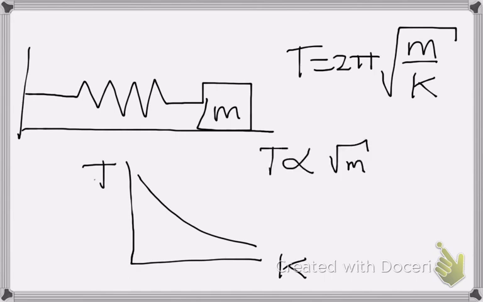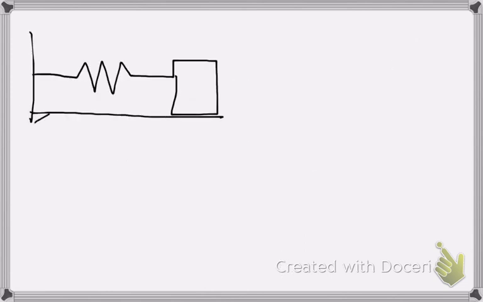So the period is proportional to the square root of mass, and it is proportional to the inverse square root of the spring constant. I know that's rather strange, but that's how it is. Think about it as the spring gets stronger, as it has a higher spring constant, it will have a smaller period.